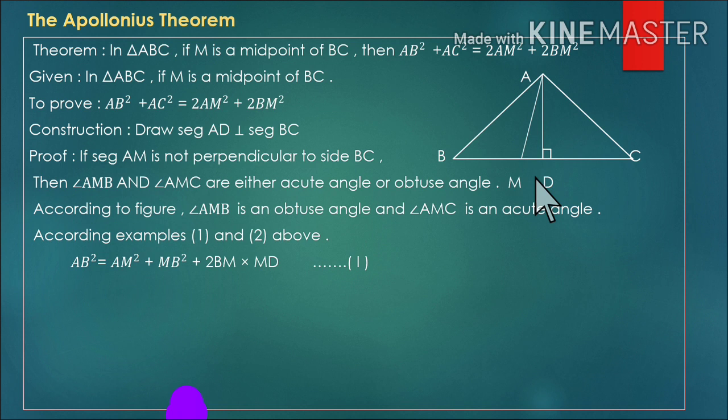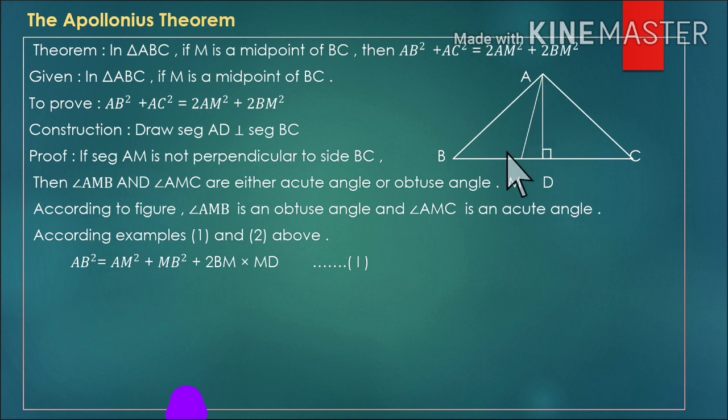So let's take segment AM is not perpendicular to segment BC, then out of AMB and AMC, one is acute and the other one is obtuse.